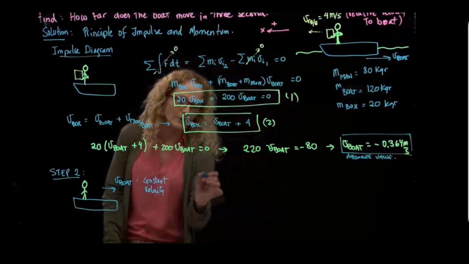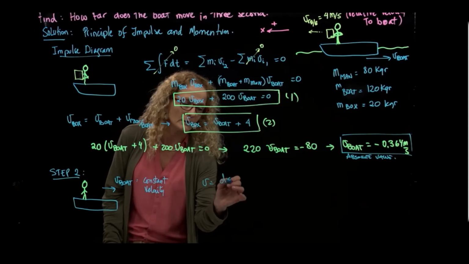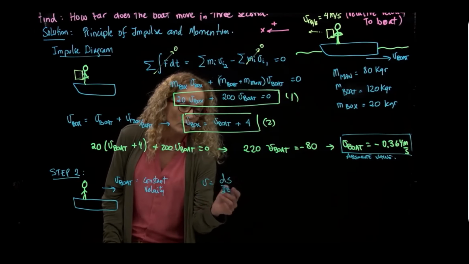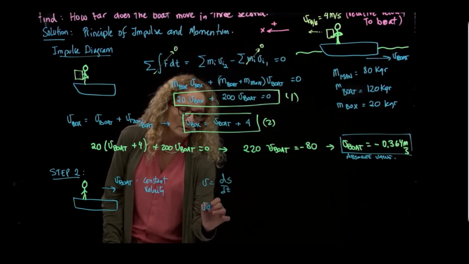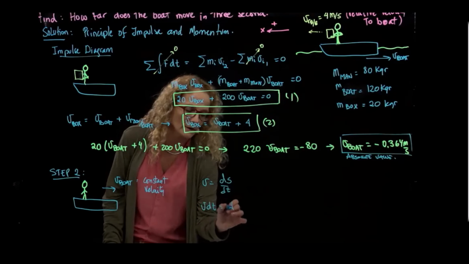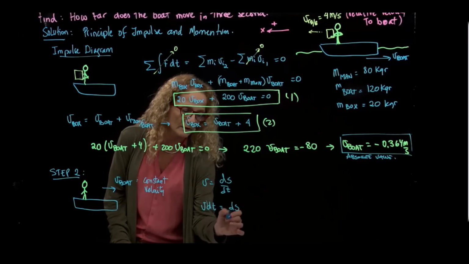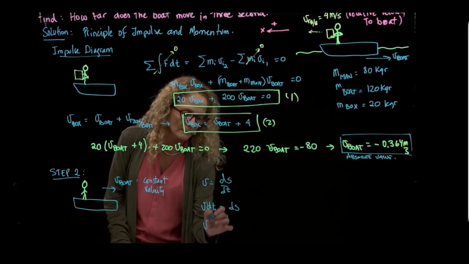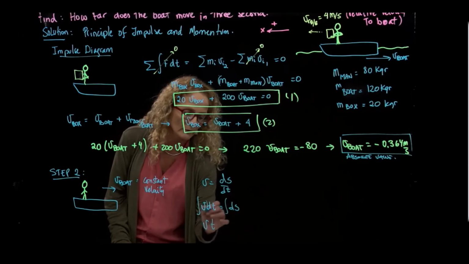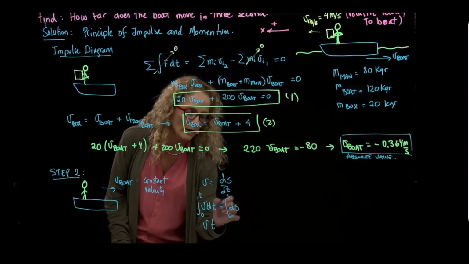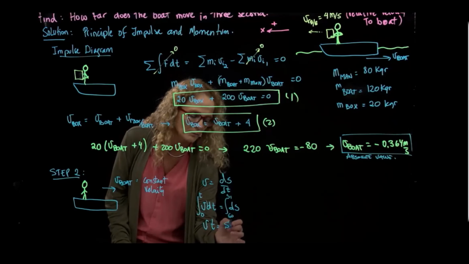Remember that velocity is the derivative of the distance. If we integrate both sides of the equation, and since the velocity is constant, the velocity times time equals the displacement.